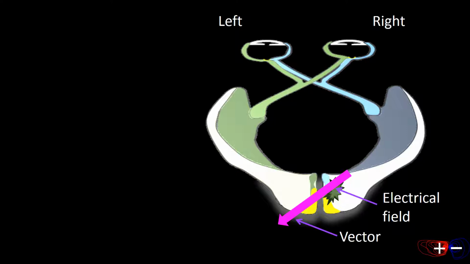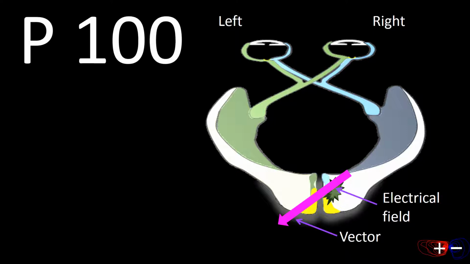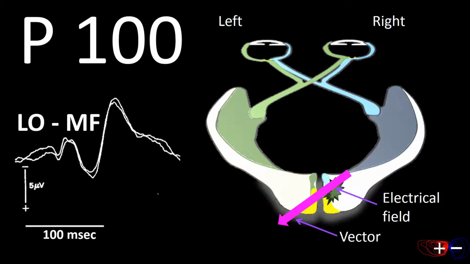Such a field produces a vector towards the other side. So at about 100 milliseconds, it will produce a field that we will call P100. This field, as we just mentioned, will be maximal over the left occipital electrode.